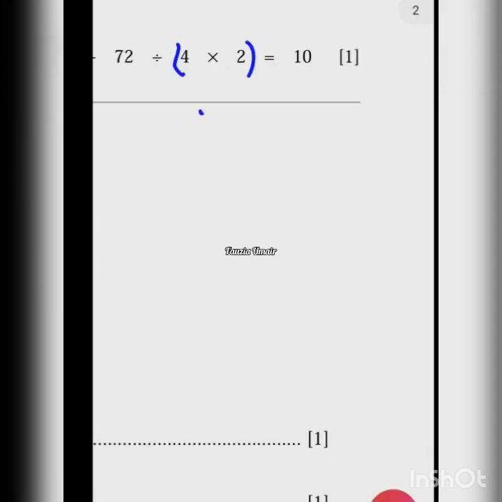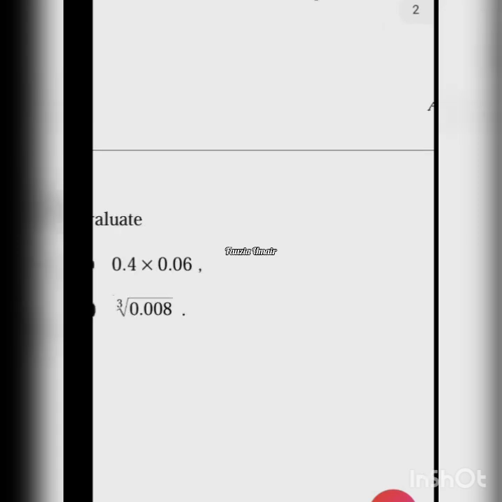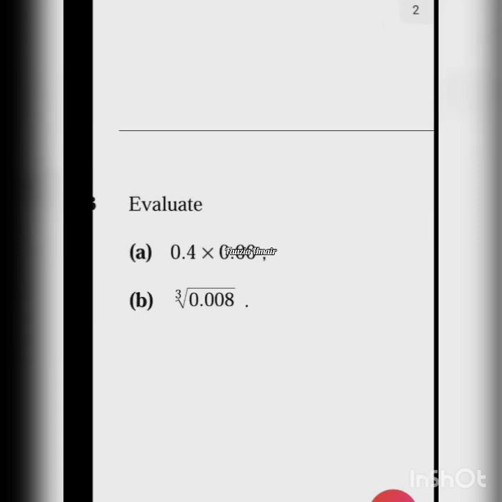Again, it's a 1 mark question each. Evaluate. So the A part is from which topic? Decimals. Decimal multiplication. So it's 1 decimal place multiplied with 2 decimal places.